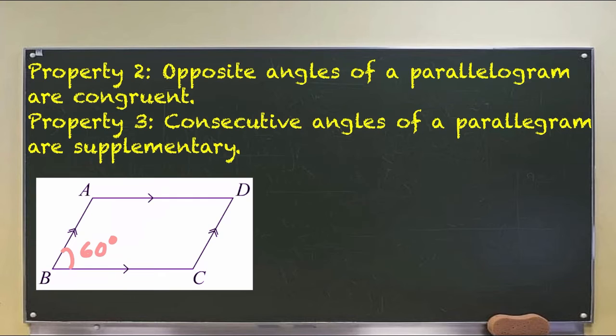Okay. So, let's think about this. Saan ba congruent ang ABC? M angle ABC is equal to what? Yes, the measure of angle ABC is congruent to angle ADC.